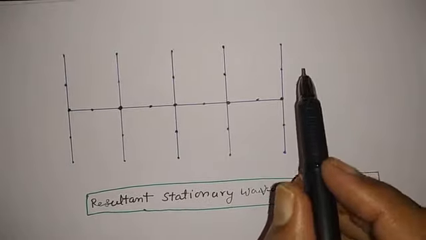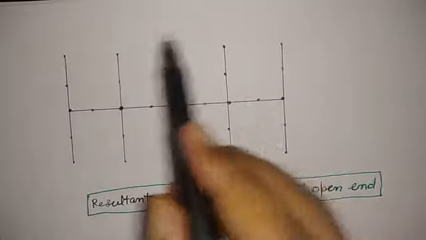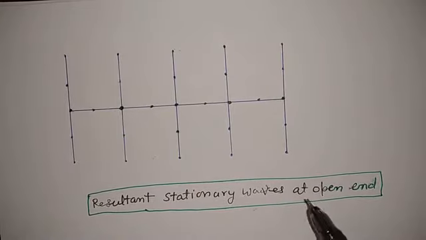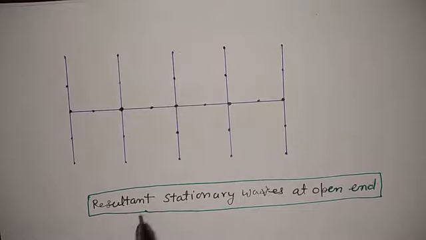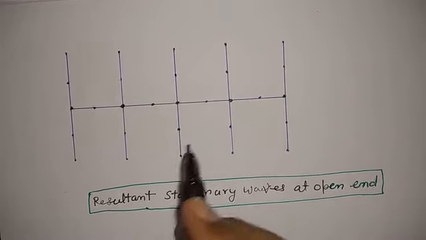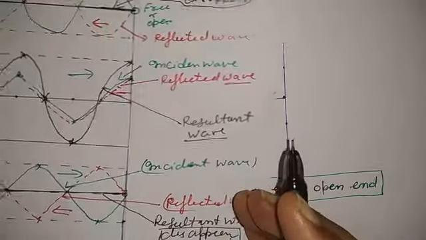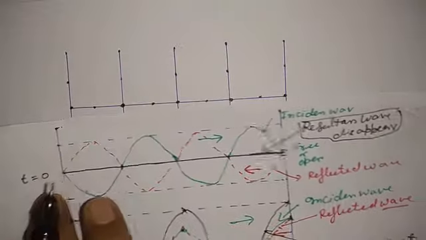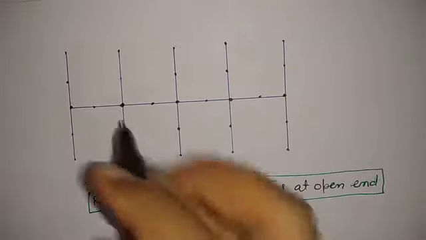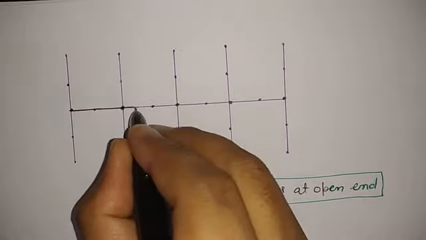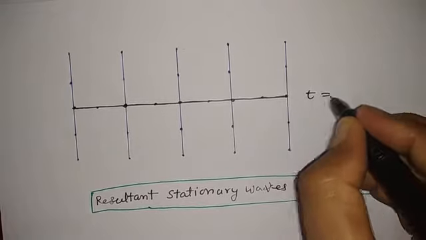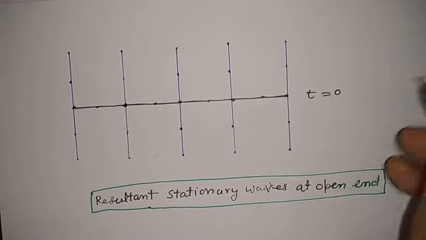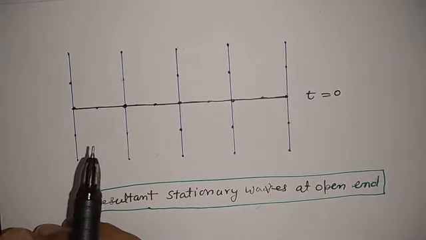Let us see how the shape of the stationary wave is formed at the open end. See at t is equal to 0, the resultant wave disappears. No wave is formed. Now what was the situation when t is equal to t by 4?